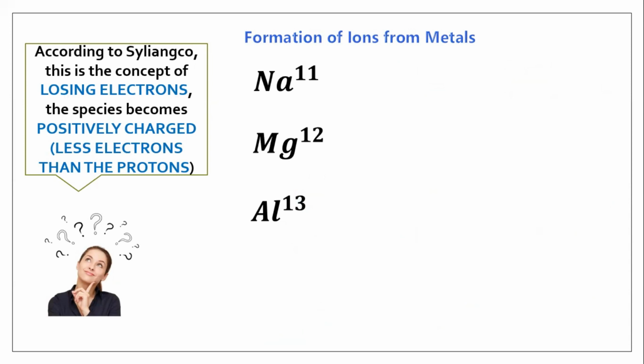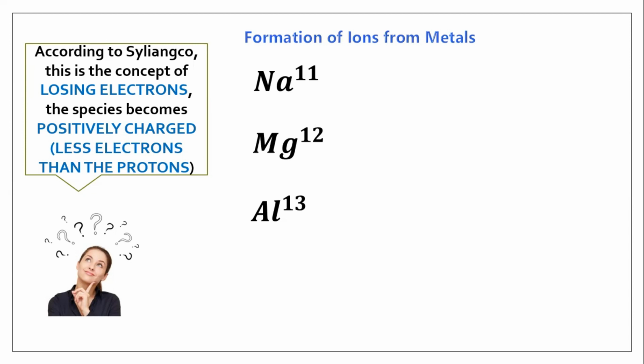Wherein, if you lose electrons, you're actually making the element or the species itself become positively charged. Ibig sabihin, mas less yung electrons niya as compared dun sa protons. At kailan lang nangyayari kapag nagkakaroon ng losing electrons? Nangyayari lamang po iyon kung yung mga elements natin belong to metal groups, yung mga alkali metals at mga alkaline earth metals. So, sila yung may capability to lose electrons.